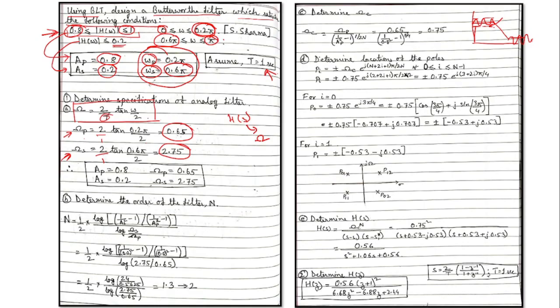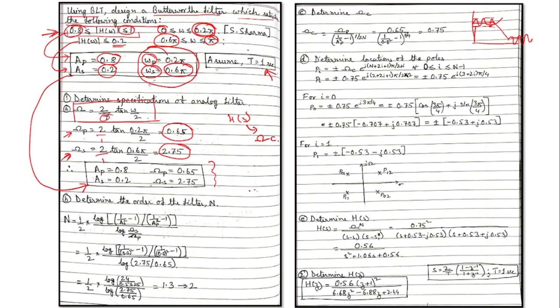So we have to calculate the analog cutoff frequency. That's why these parameters have been converted into parameters which satisfy the analog frequency response.